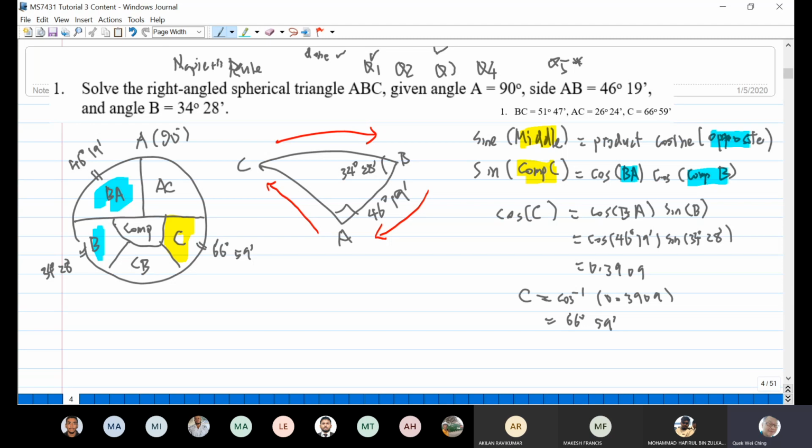So that means C is 66 degrees, 59 minutes, which is the given answer. So this is a good result. Then we're going to move on to find the next one. This is how I did the first one.